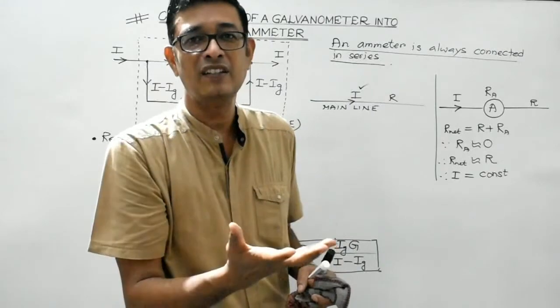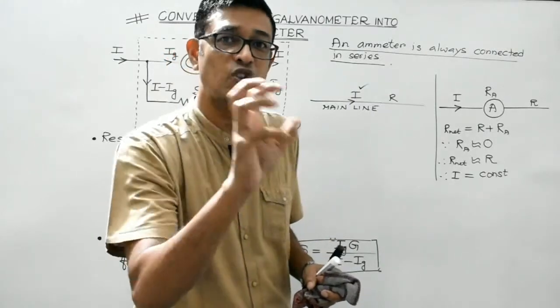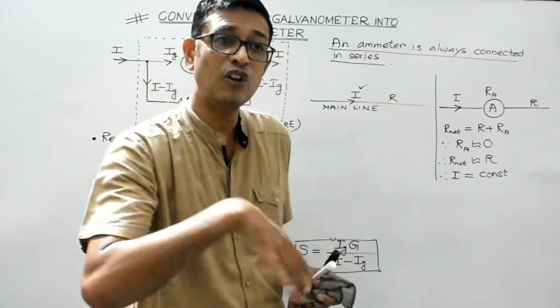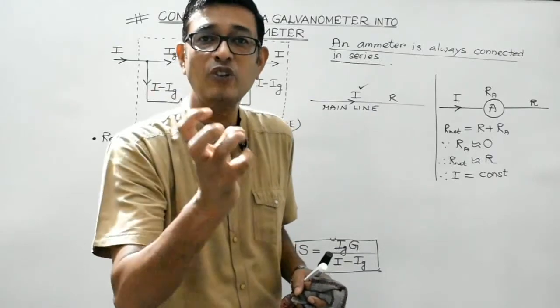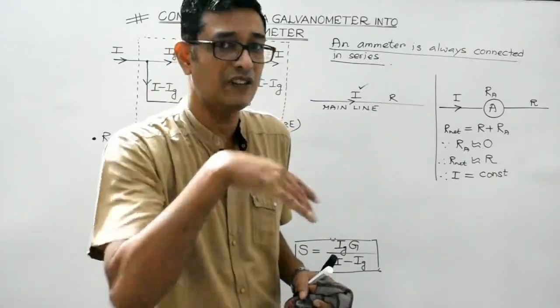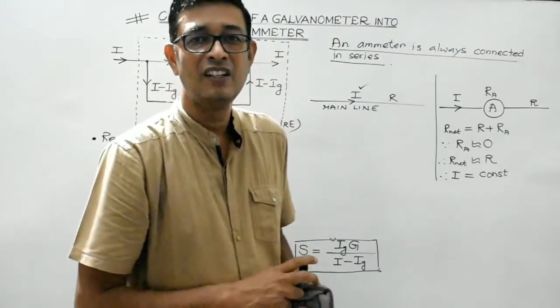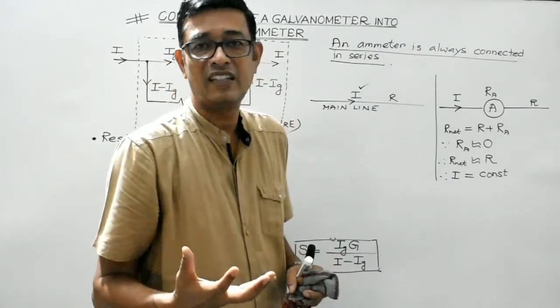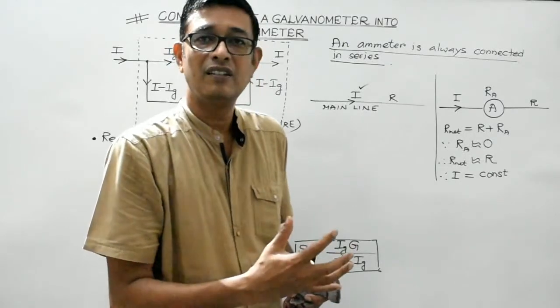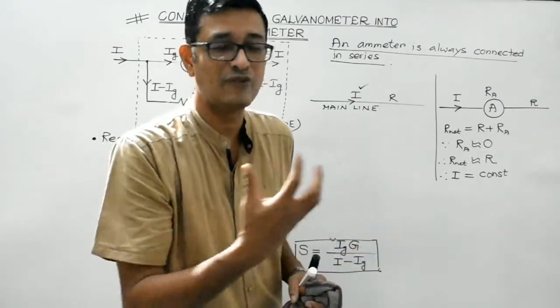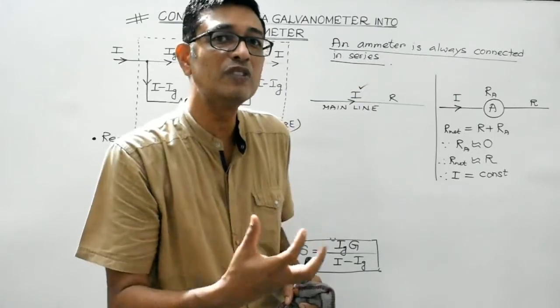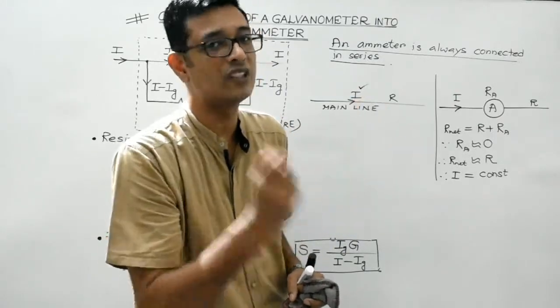It is only then the device can give the actual value of the current flowing through the circuit, or measure the actual value of the potential difference, IR. If I remains constant, then IR, which is V, will also remain constant. So it is only then that an ammeter can measure the true value of current, or a voltmeter can measure the true value of the potential difference across any two ends of the conductor.